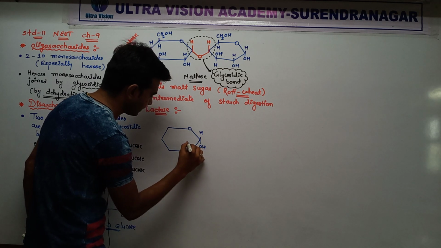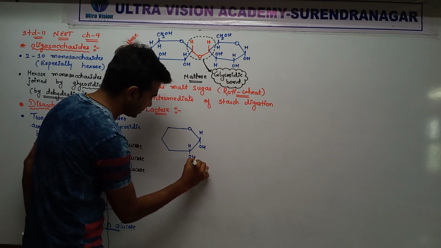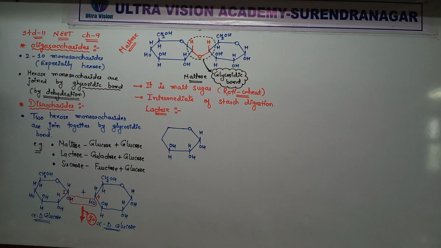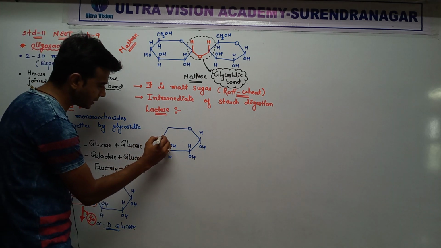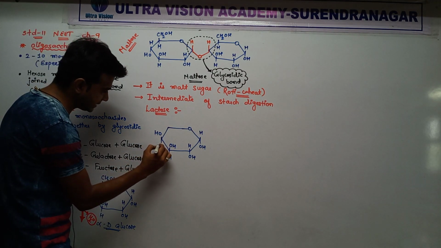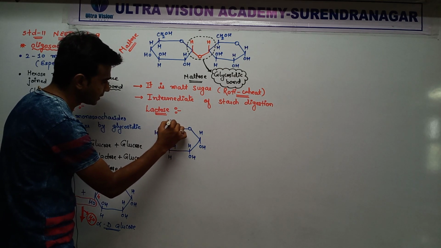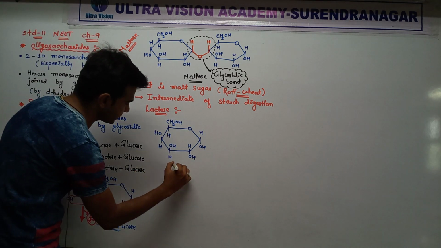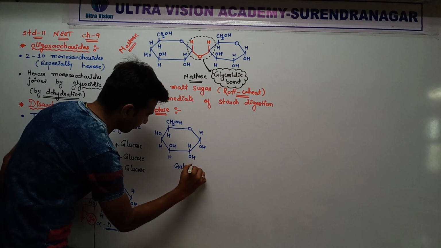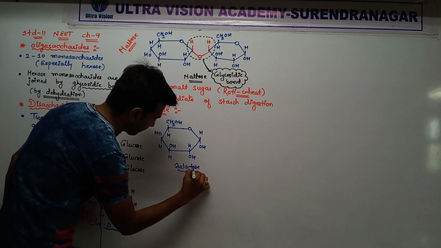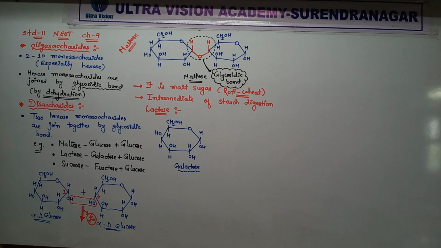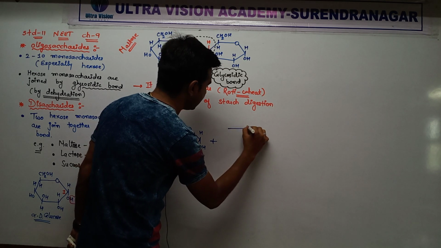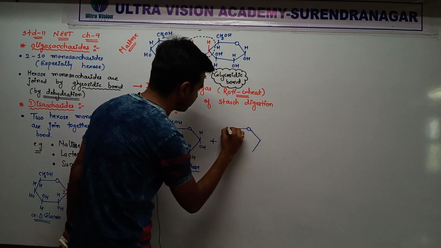OH, OH, OH. Fine. So now here on the fourth carbon the group is inverted: OH is upside, H is downside. The remaining groups are the same, CH2OH, H. So this is the galactose. Fine. And then we draw the alpha D glucose.